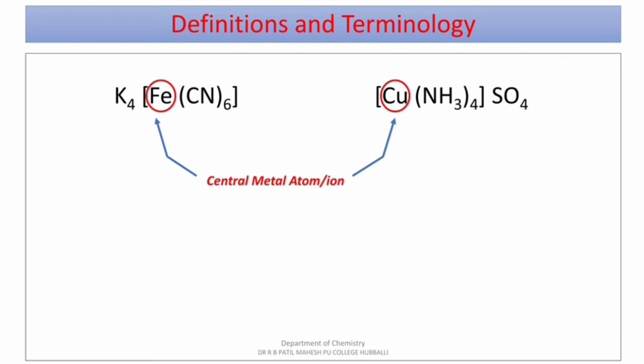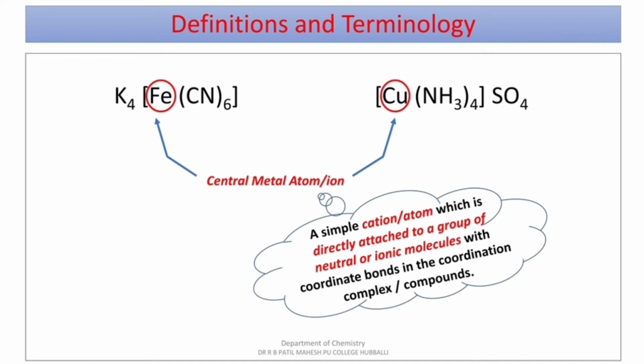The metal atom which is enclosed in the square bracket and which is a transition element is the central metal atom or ion. The definition: a simple cation or atom which is directly attached to a group of neutral or ionic molecules with coordinate bonds in a coordination complex or compound is known as central metal atom or ion.